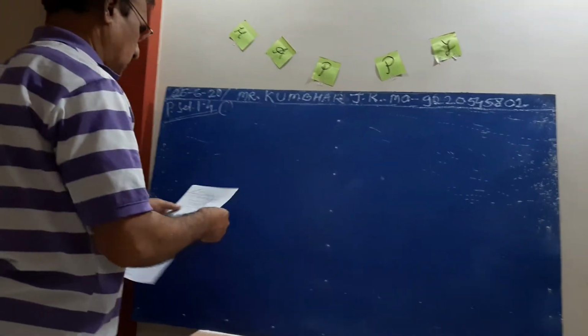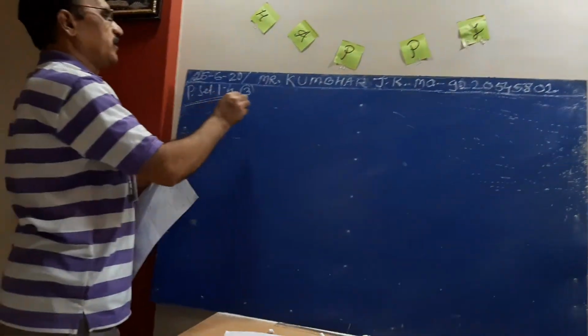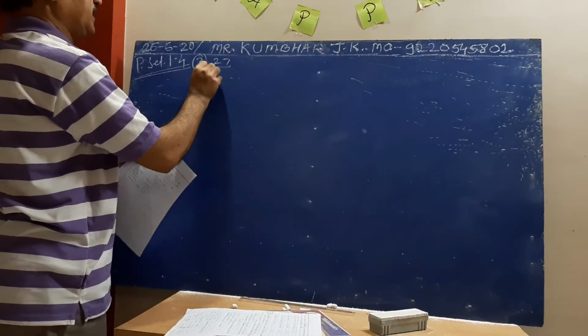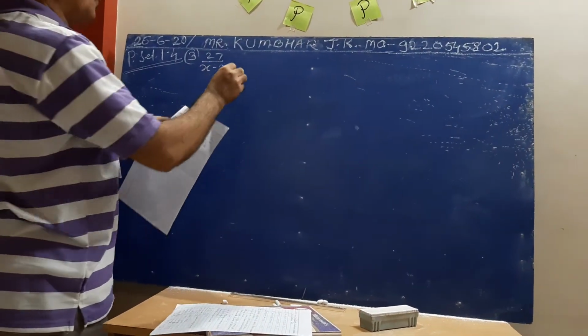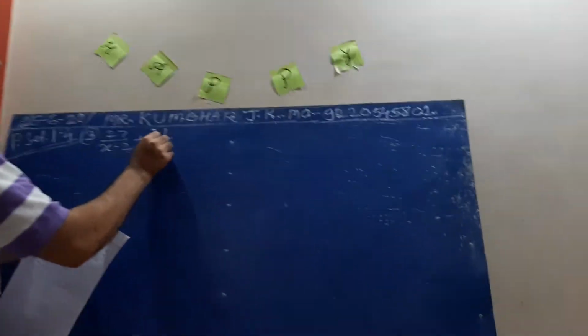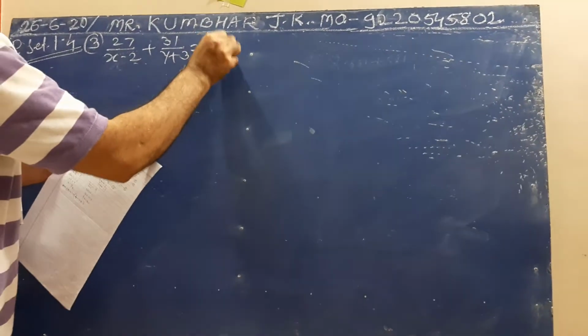One more example, this is third example from 1.4. 27 upon x minus 2 plus 31 upon y plus 3 is equal to 85.